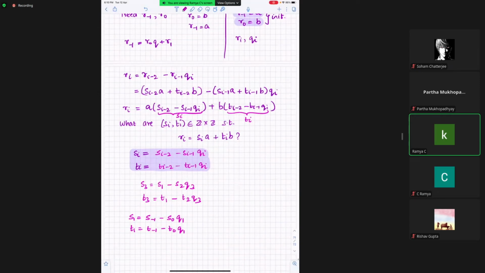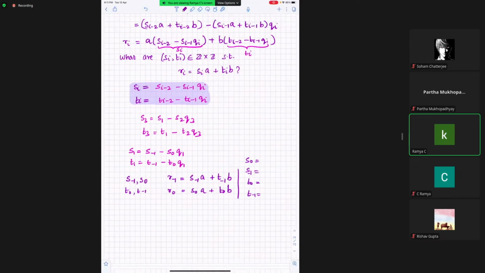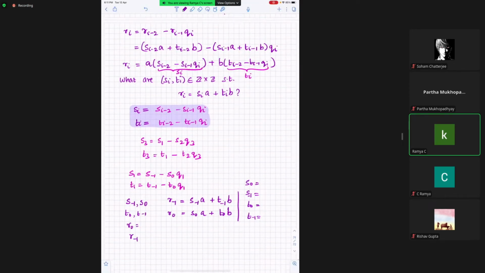So according to our definition, what is S minus 1?